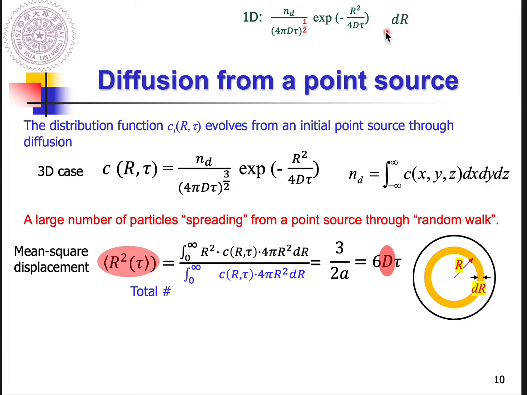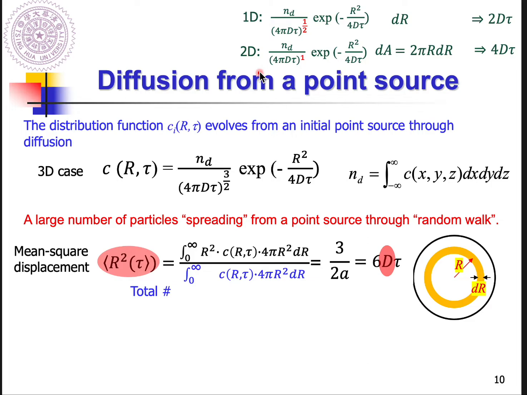You integrate over the total length of this narrow wire, then you get 2D tau. In the 2D case, you modify the concentration profile by this result, and you need to integrate over the area. The area will be 2 pi r dr. Then you get the result 4D tau.